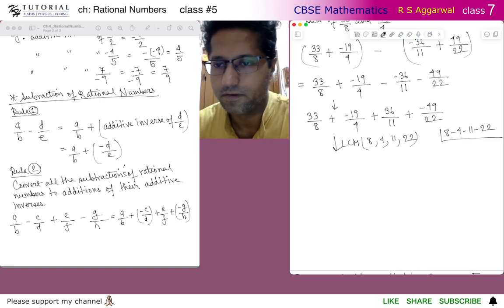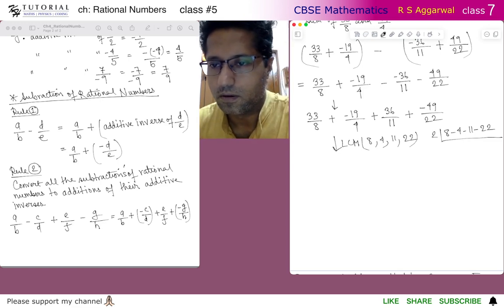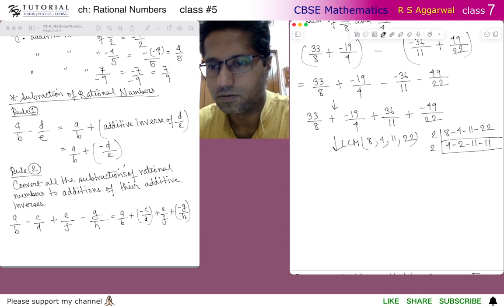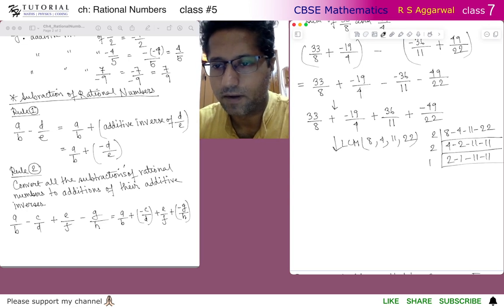So obviously it will be 2, giving 4, 2, 11, 11. Now again we can divide by 2, the lowest prime number that divides at least 2 of these numbers. So this becomes 2, 1, 11, 11, and finally we will divide by 11.